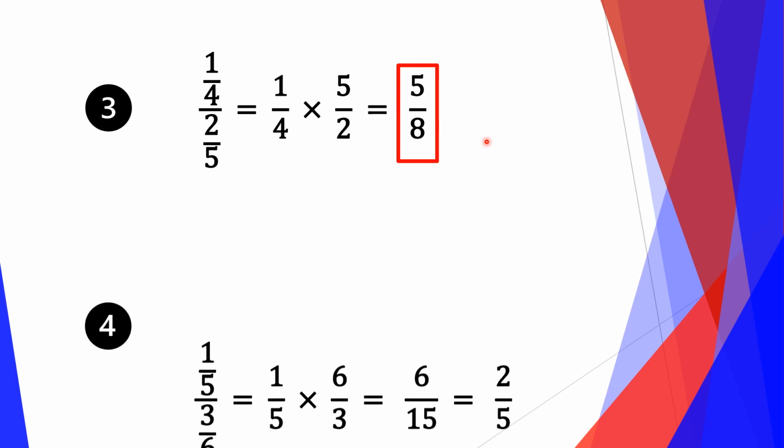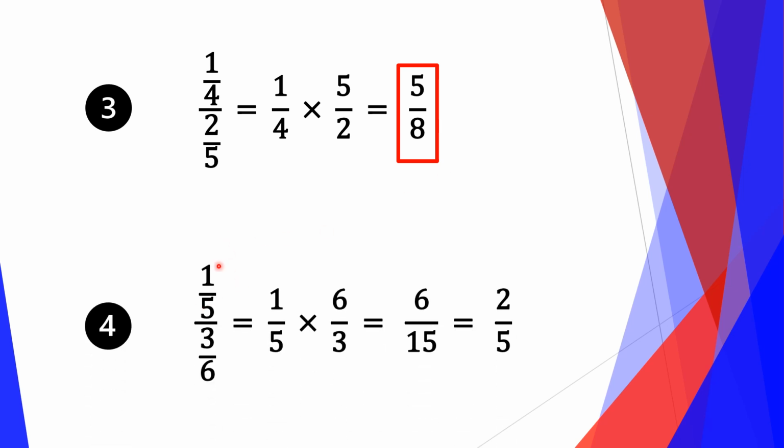Moving on to question 4. We have 1 over 5 divided by 3 over 6. So again, we keep the first fraction as it is, 1 over 5. We change the division sign into multiplication. We take the reciprocal of the second fraction. 3 over 6, we write it down as 6 over 3.